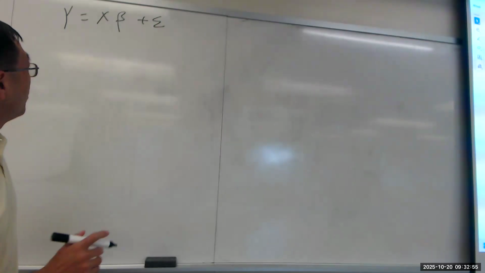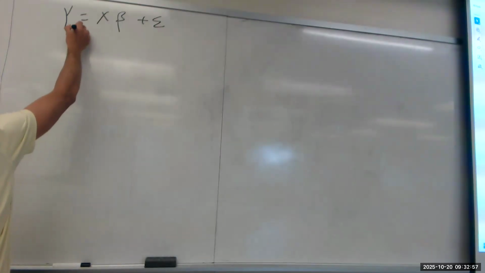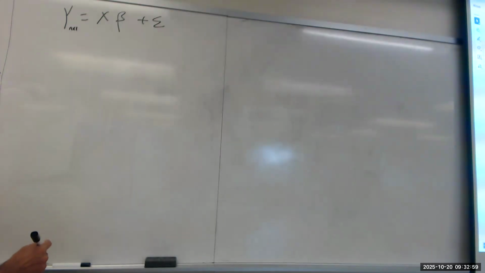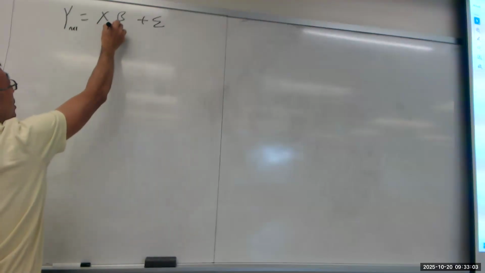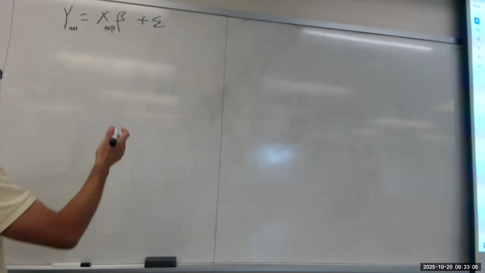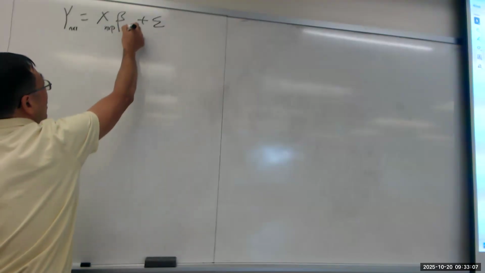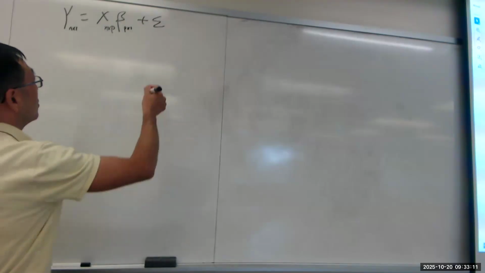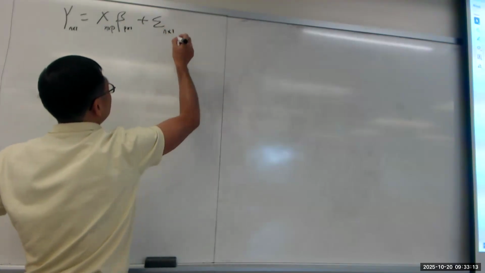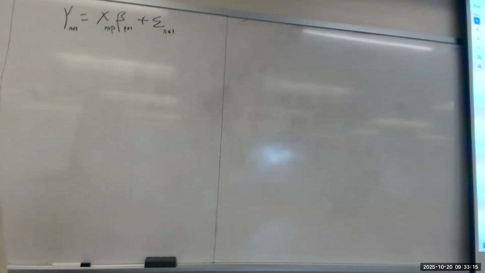The problem here is your y is n by 1, the vector. Your x is n by p, the so-called design matrix. Your beta is p by 1, the coefficient vector. So epsilon would be n by 1, the error term.